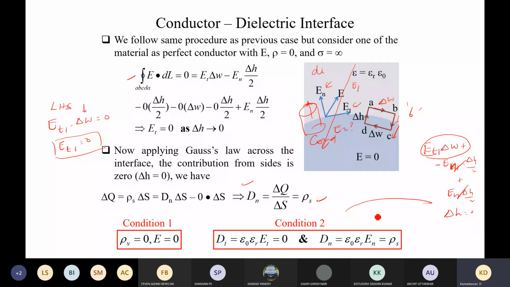In other words, we have a conductor. The conductor has some surface charge available, and there is a field component coming. Let's say this is the E1 component. It has two components: one is the tangential component and the other is the normal component. This tangential component, irrespective of whether it has charge density or not, is going to be continuous.